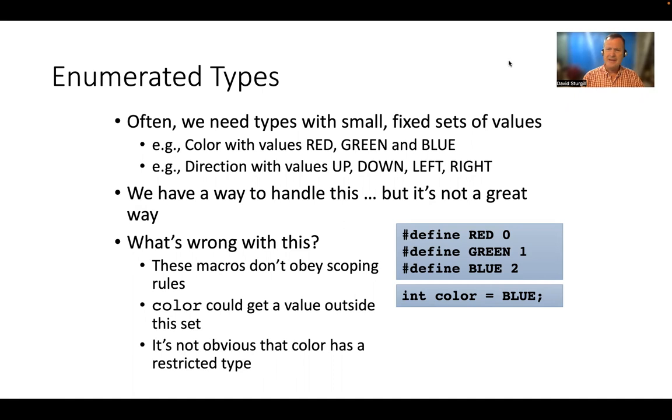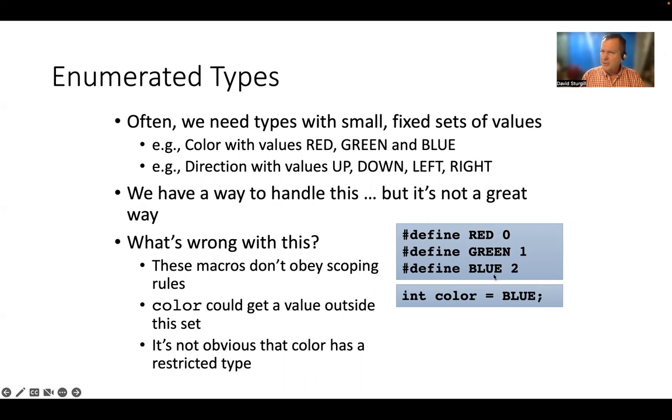And then we could just use an integer value to keep up with which of those we're using. And this works okay, but it may not give you as much help from the compiler as you'd like. The compiler doesn't really know that color here is a special type. It would let it have any integer type.